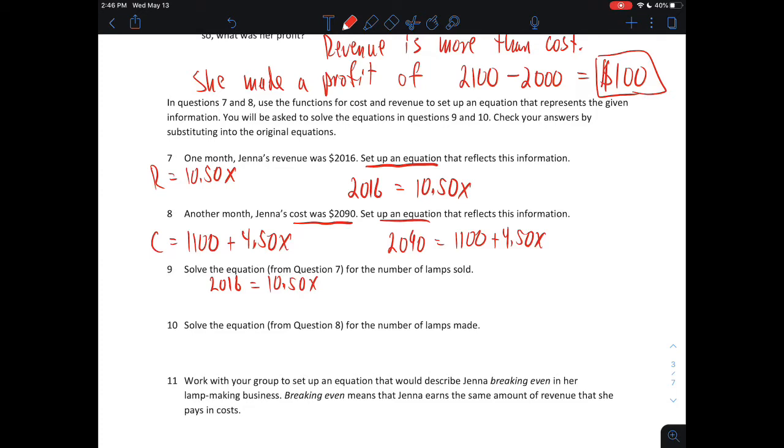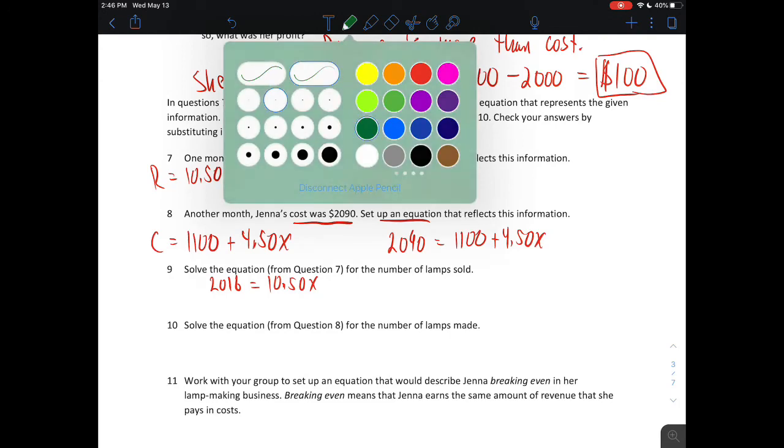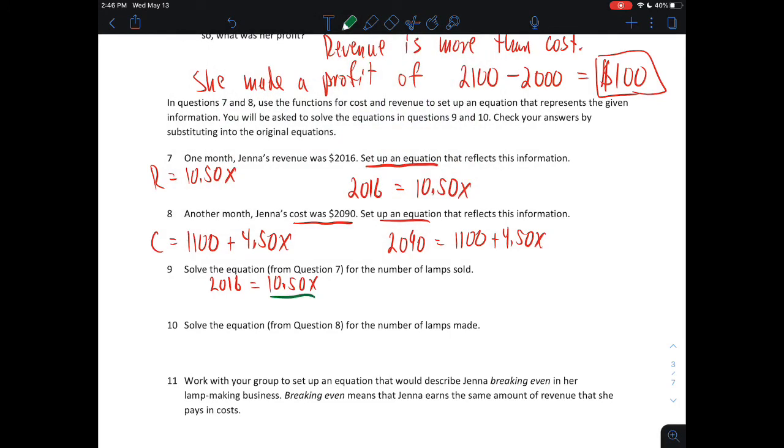So what is happening with the 10.50 and the x? They are being multiplied. We need to do the opposite of that to figure out what x is equal to. So what is the opposite of multiplication? It's division. Which means x is just equal to 2016 divided by 10.50.